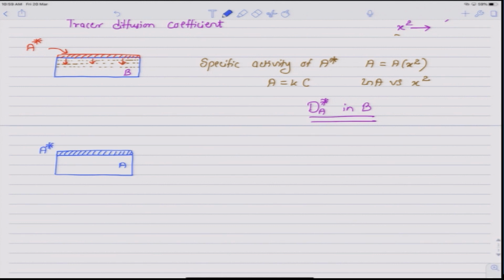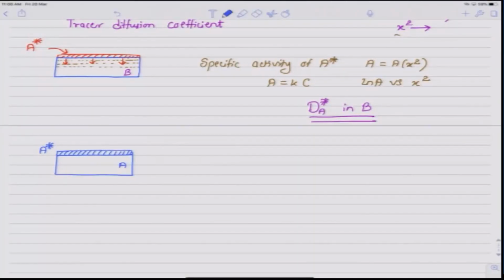Now, the radioisotope is almost similar to the normal isotope of A, except that it has a different mass. So, it is going to exhibit almost the same diffusion behavior as the regular isotope of A, and hence A star in A will characterize the tracer diffusion, which can be taken as the self diffusion coefficient of A.